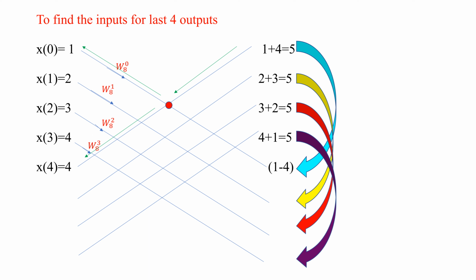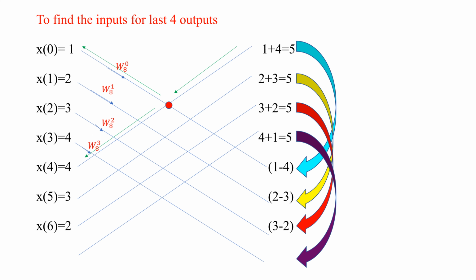The blue color arrow relates the first output and fifth output because these two have the common inputs. Similarly, the yellow color arrow relates the second and sixth output. The second and sixth outputs have the inputs 2 and 3.